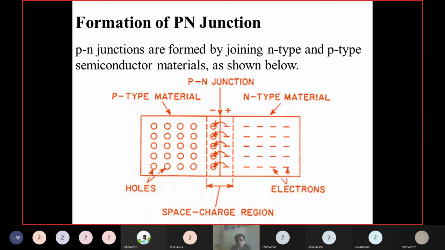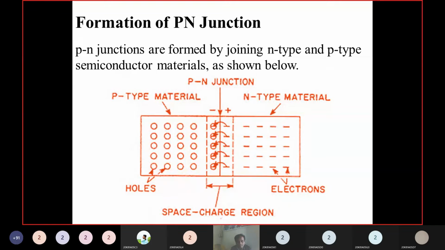How do we form a PN junction? Using a metallurgical process, we can join the P region and the N region. If you join them directly at room temperature, nothing happens; it is done at higher temperatures.